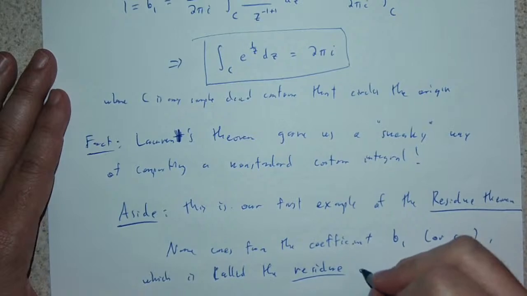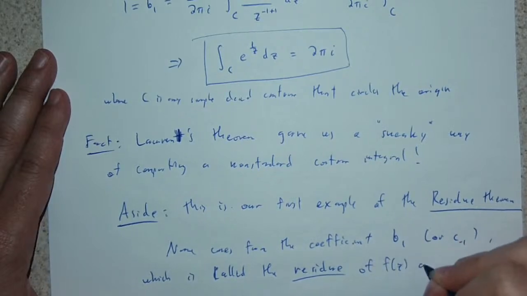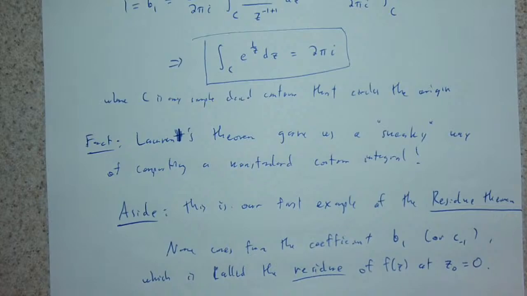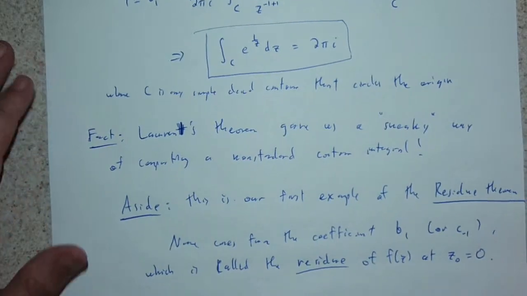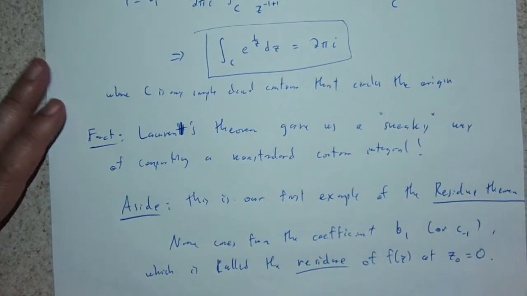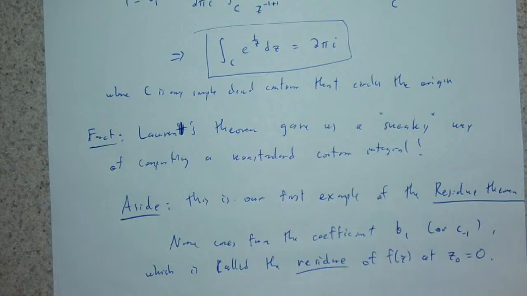It's called the residue of f of z at, in this case, z naught equals 0. But this can be totally general. This fact is a special case of the residue theorem, which is basically going to pop straight out of Laurent's theorem.